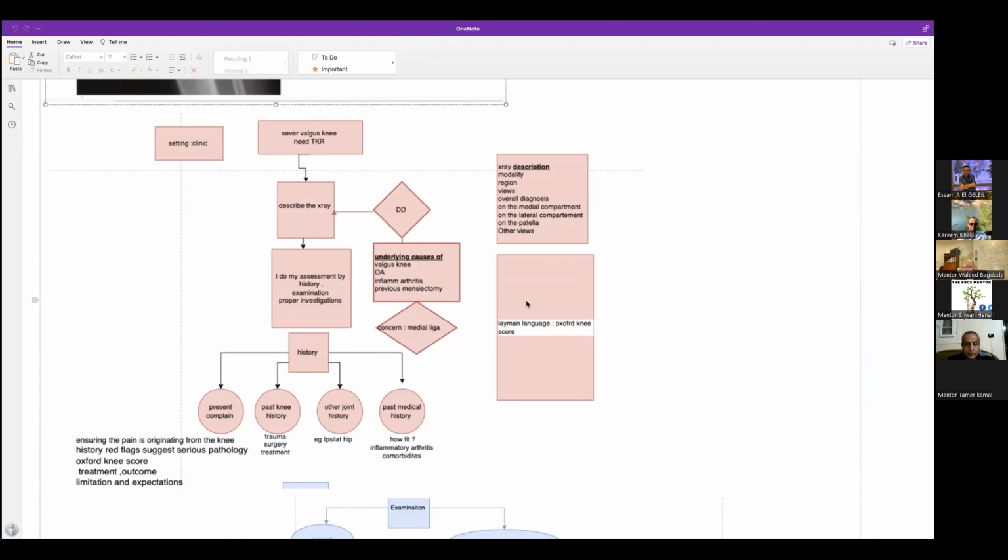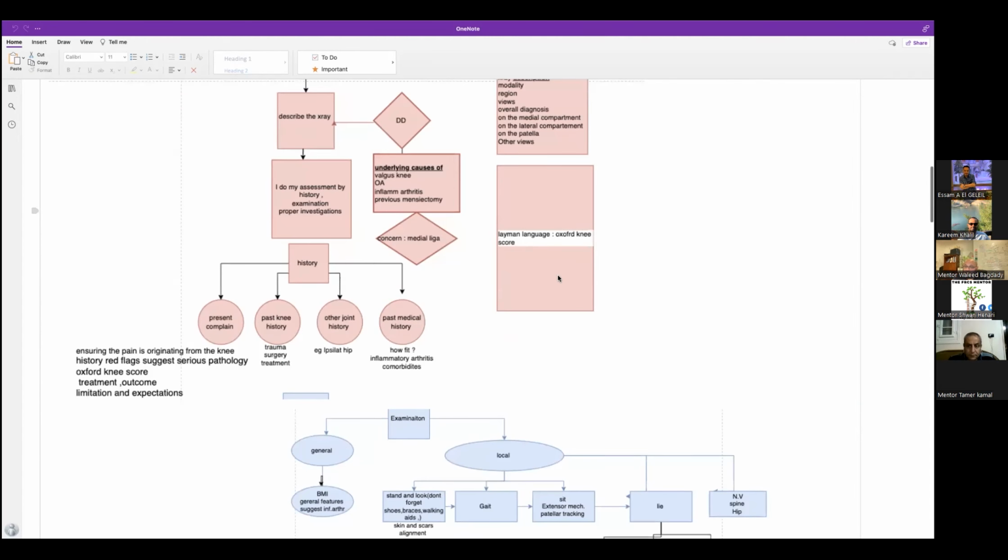So you say this is a valgus osteoarthritic knee with predominant degenerative changes in the lateral compartment. The medial compartment is opening. I'm concerned about insufficiency of the MCL. I need to know the underlying cause of valgus. Is this a primary osteoarthritis, or are the other causes inflammatory arthritis, post-traumatic, or a previous meniscectomy?